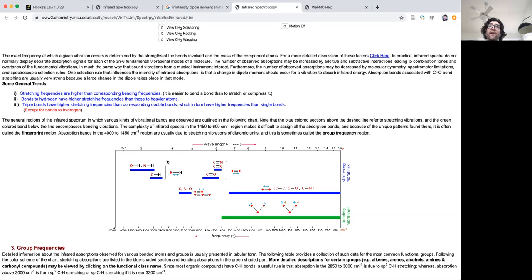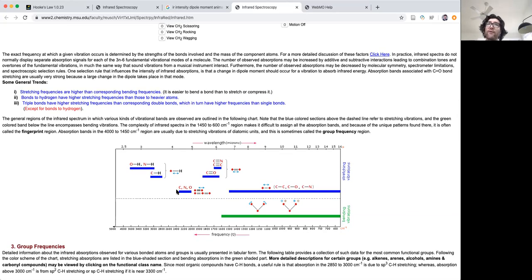That is to say, if you see some stretches out here around 3400, you could say maybe that's an OH or an NH bond. Similarly, if you see a stretch here between 1700 and 1800, maybe you'll think that is a CO double bond. And you can really use the frequencies between 1500 and 4000 very well for this, because they have very small overlaps, and each functional group has its key frequencies.